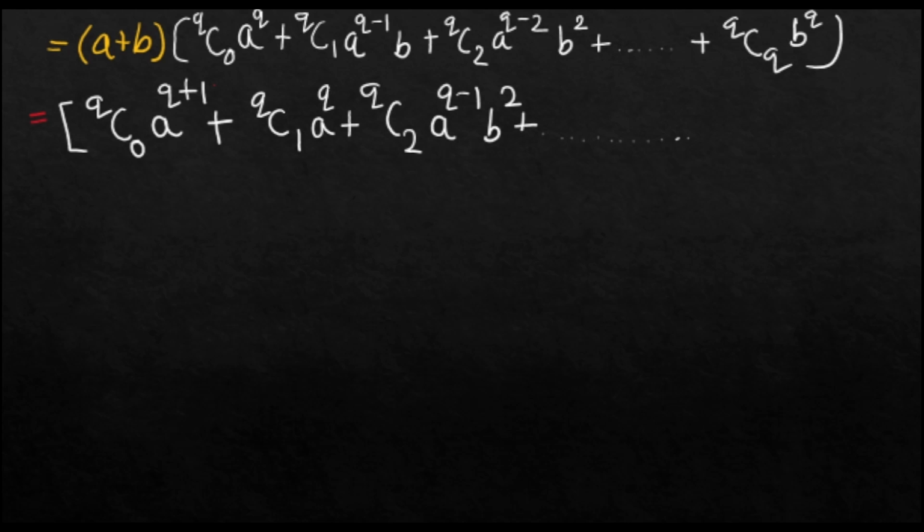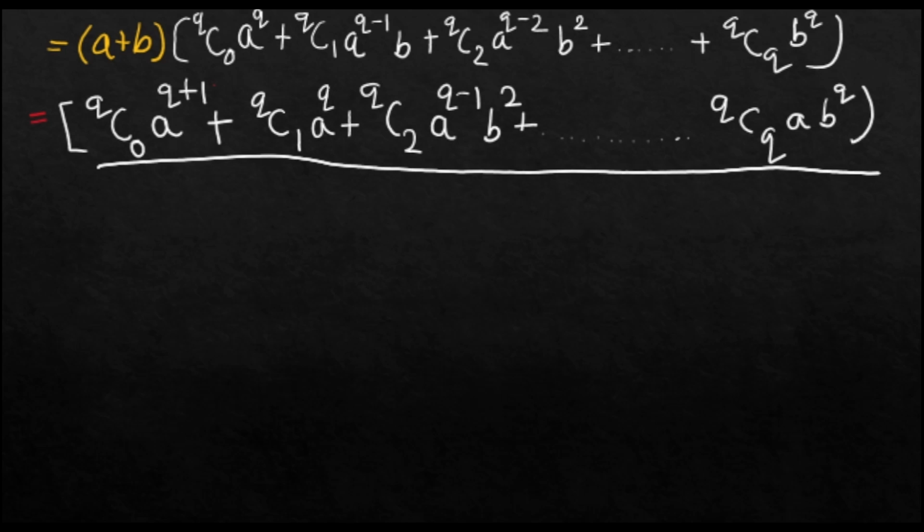Now I'll pick the last term. If A is multiplied with this term, what will be here? A, B, Q. So this is the multiplication of A with the expansion.